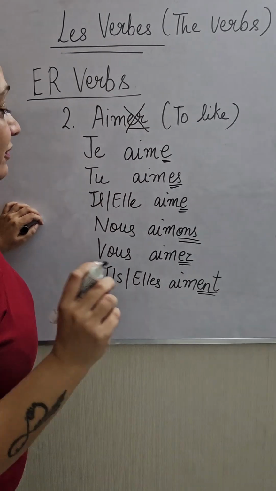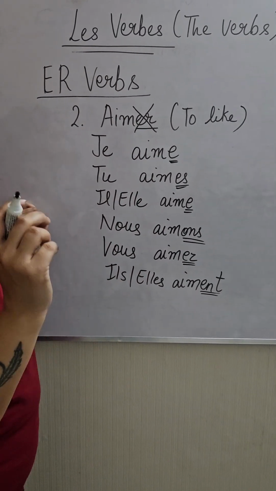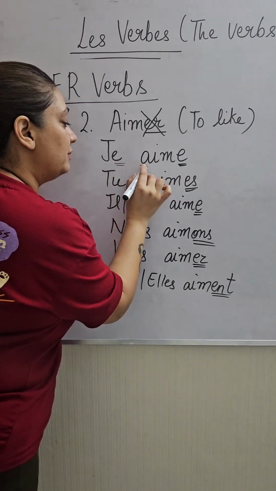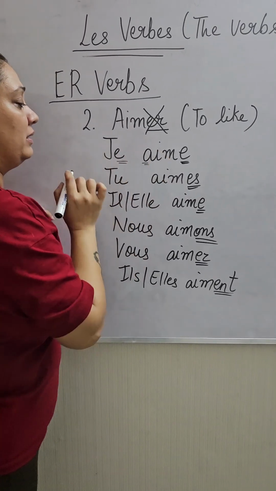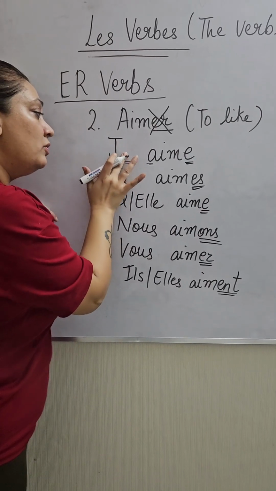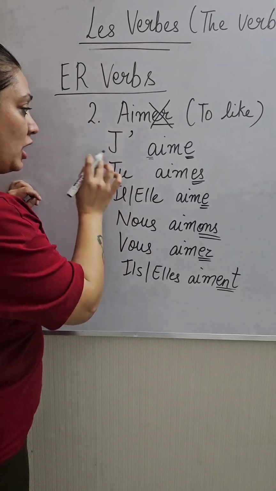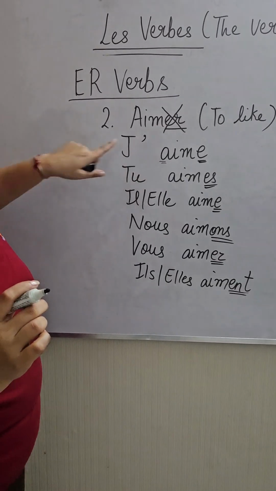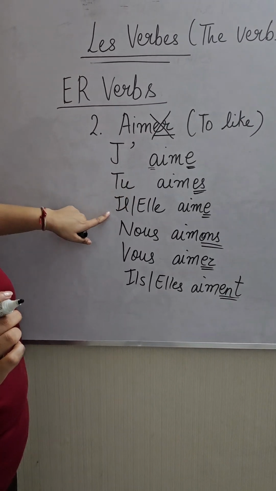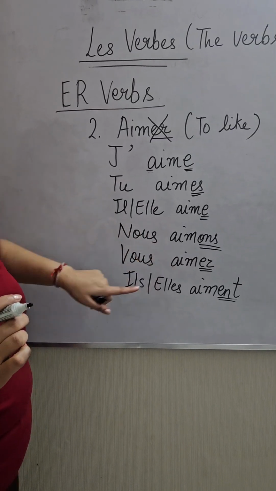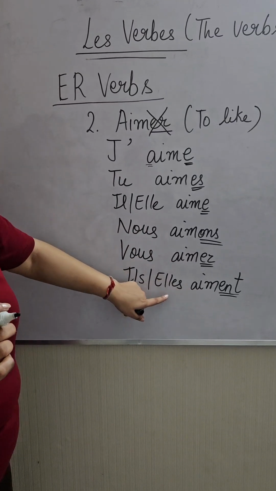Now one very important thing you have to remember is that there are again two vowels coming together. I cannot keep this one. So what I'll do is I'll remove this E and write an apostrophe. So now it becomes j'aime, tu aimes, il, elle aime, nous aimons, vous aimez, ils aiment, elles aiment.